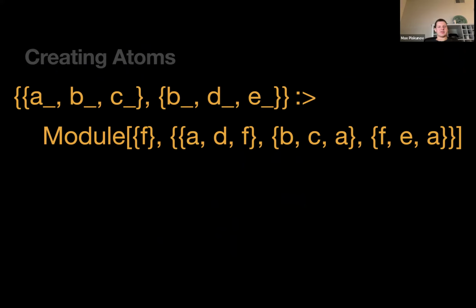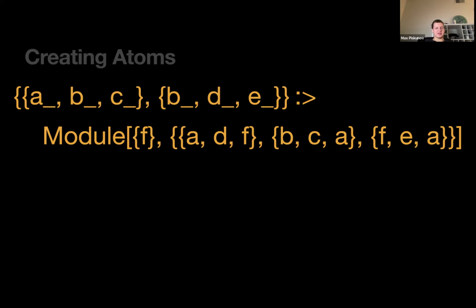One other thing we can do in the hypergraph substitution system is we can create new atoms, or equivalently create new vertices. The way it looks in the pattern rules is that we can put the module on the right-hand side and then create a new variable in the module. If you've written functions in Wolfram language, you would know that module has two arguments. In the first argument, you have a list of variables that it would create, and then you can use this variable in the second argument.